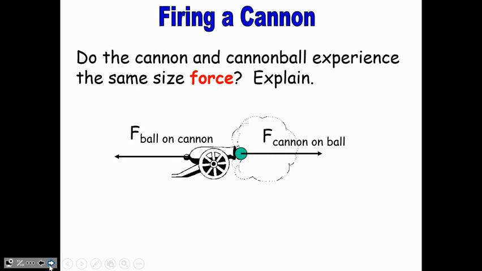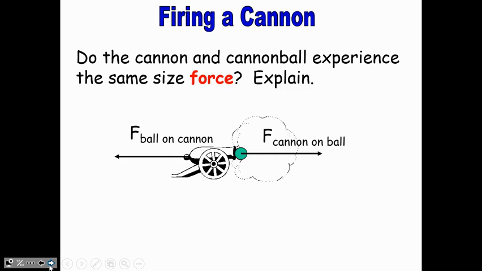So this is our action-reaction pair. Equal in size, opposite in direction, felt by two different objects. The cannon feels a force pushing it backward, while the cannonball feels a force pushing it forward.